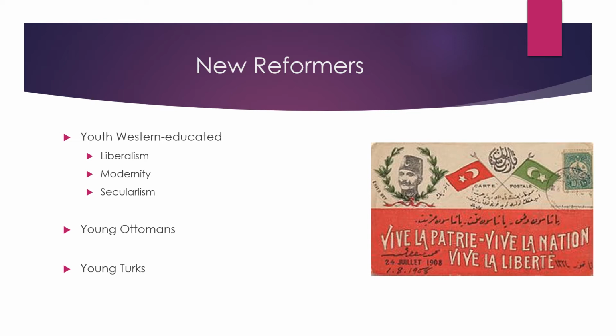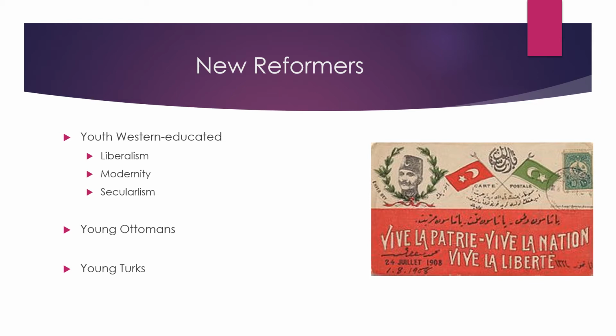They're typically liberal. They tend to be very liberalist insofar as wanting to modernize the economy, embracing laissez-faire capitalism, industrialization, and secularist society. First, we have the Young Ottomans that arise in the 1880s and into the 1890s.